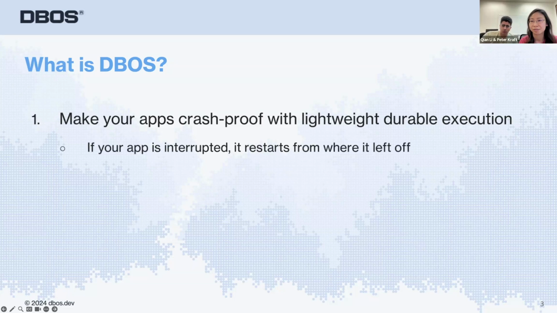What this means is that if you build your application with DBOS Python and your app is interrupted or crashes or restarts, when it restarts, it's going to resume operating from exactly where it left off. And every step in your workflows is going to execute exactly once. So it helps you make your applications much more automatically reliable and resilient to failures.